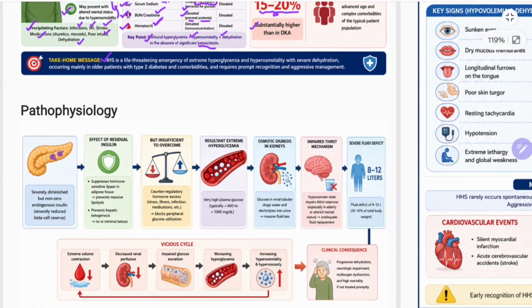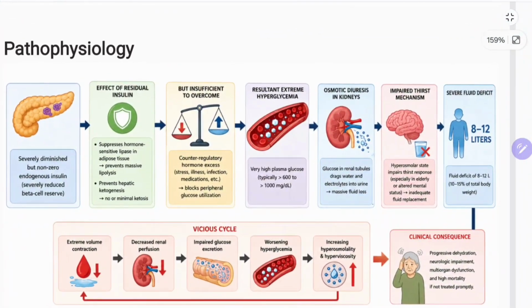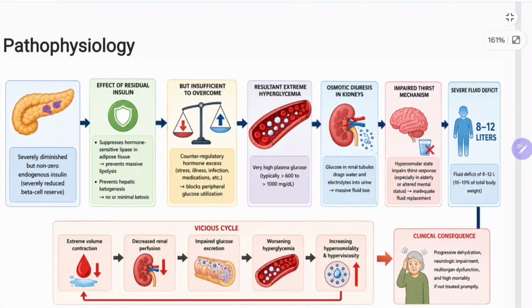Now coming to the pathophysiology of HHS. There is severely diminished but non-zero endogenous insulin reserve, severely reduced beta cell reserve. The effect of residual insulin: it suppresses the hormone sensitive lipase in adipose tissue and prevents massive lipolysis.